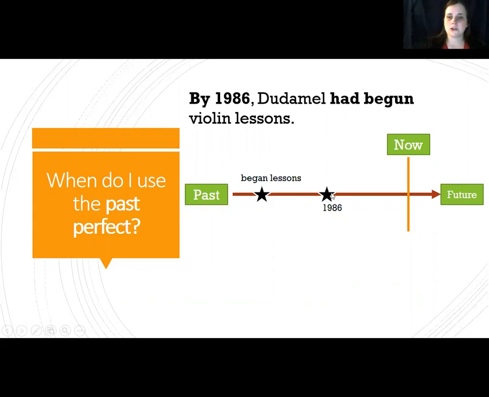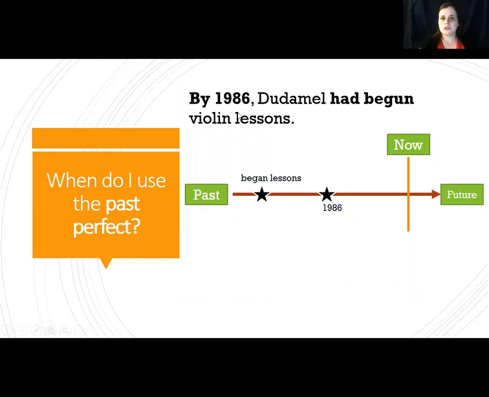Here's a star showing us 1986, and here's another star showing us began lessons. The sentence says, by 1986, Dudamel had begun violin lessons. By this year, he had already started learning how to play the violin.